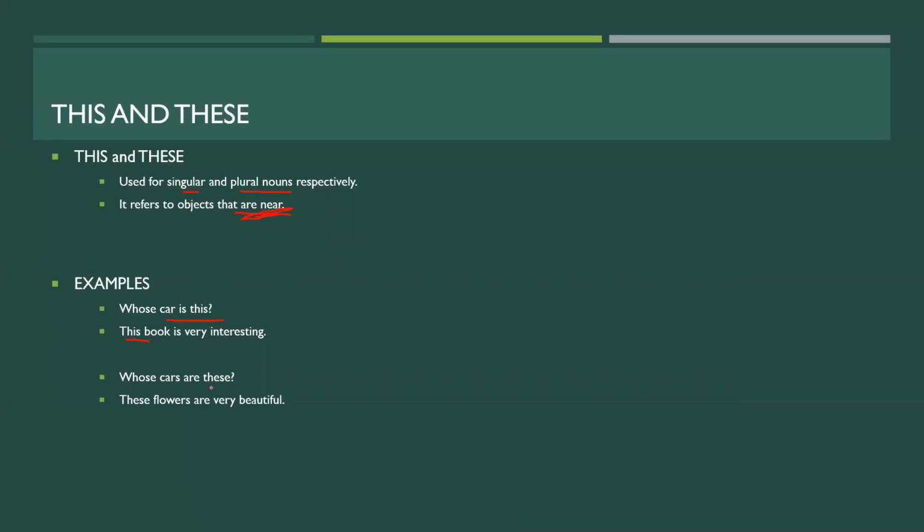In contrast, whose cars are these? Cars is plural. These flowers are very beautiful. So we use this and these for objects close to us.